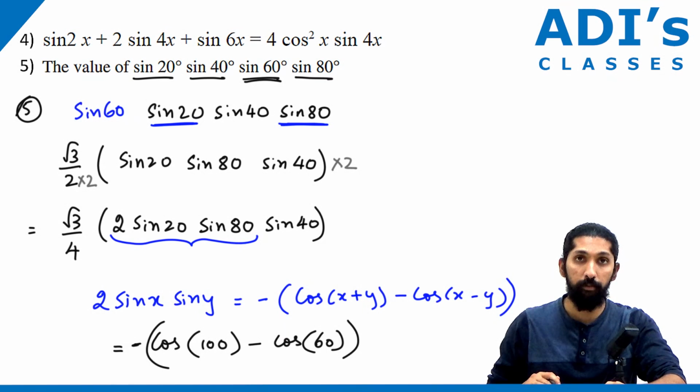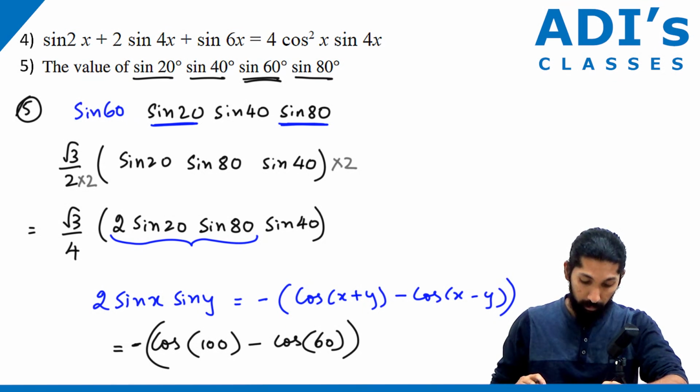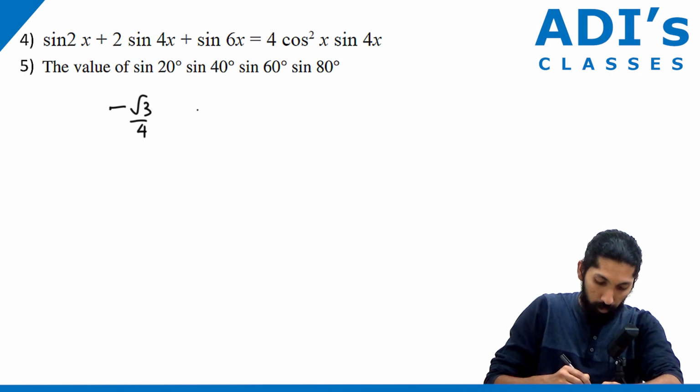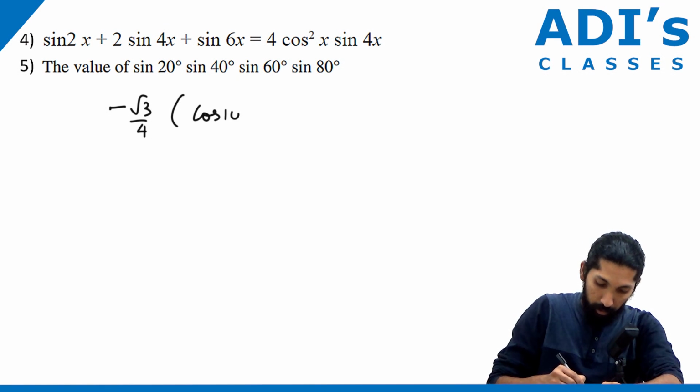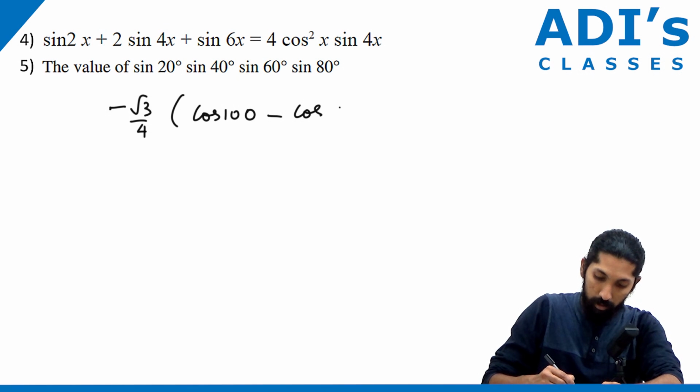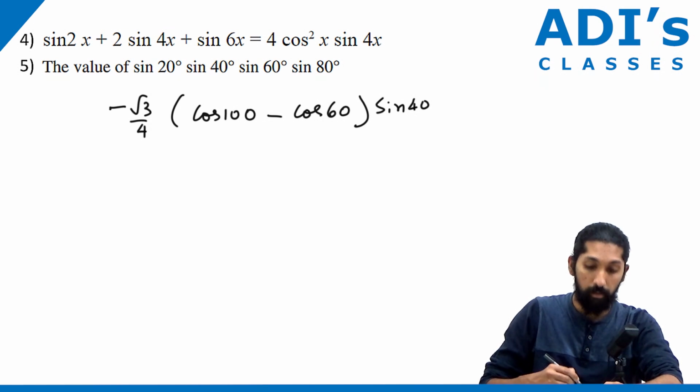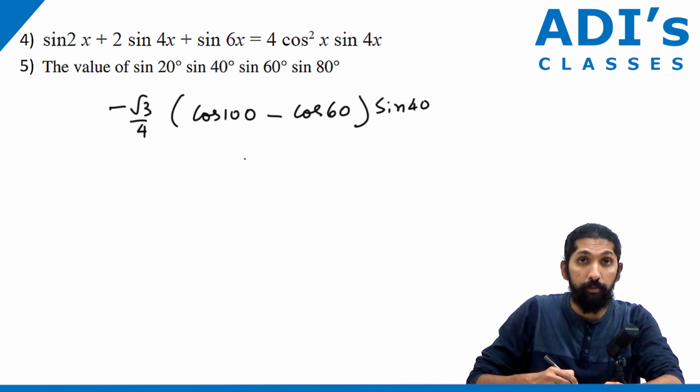This is what we have now, correct? So let's write it down. You have minus root 3 by 4 into cos 100 minus cos of 60 into, the next part is what? Sin 40, right? Cos 60 is a standard value, isn't it?